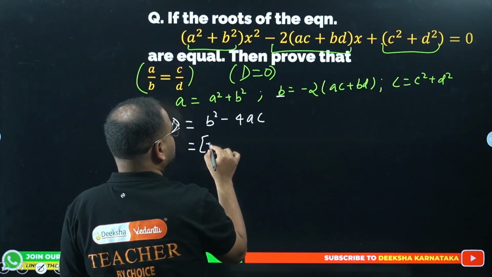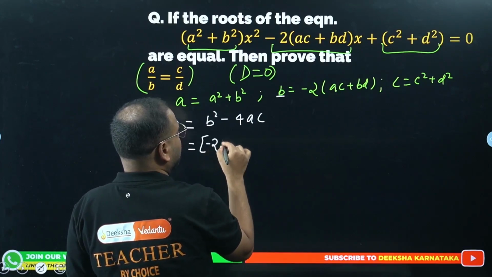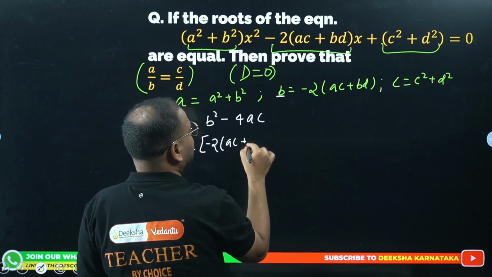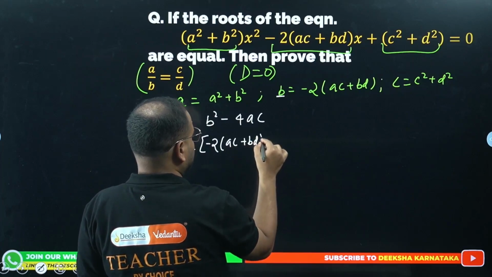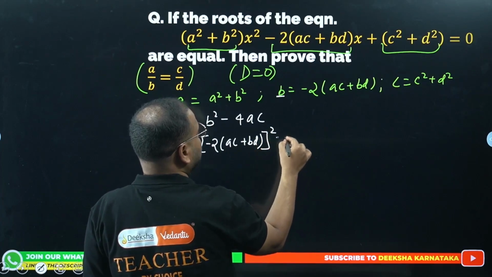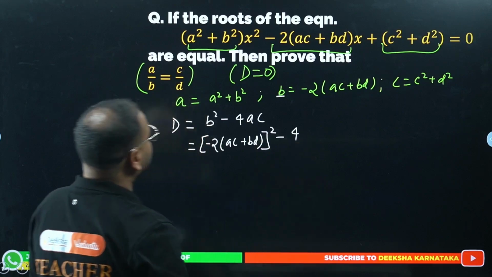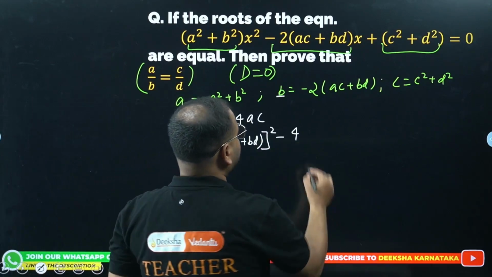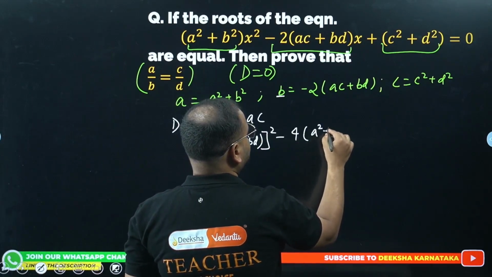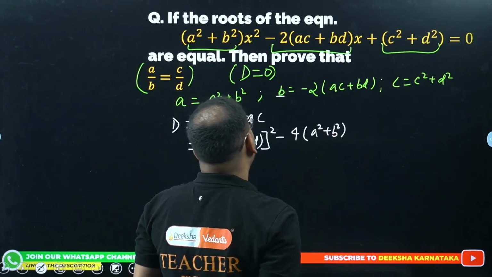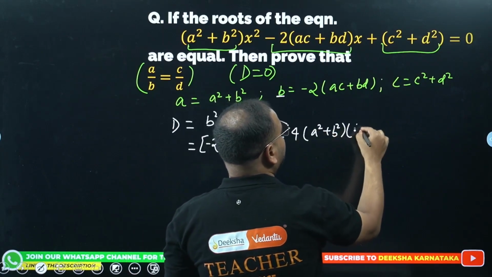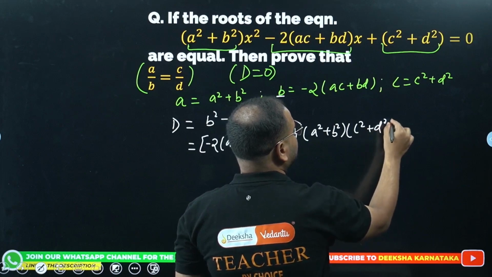So minus 2 times (ac plus bd) the whole square, minus 4 times A into C. What is my A? a square plus b square. What is my C? c square plus d square.